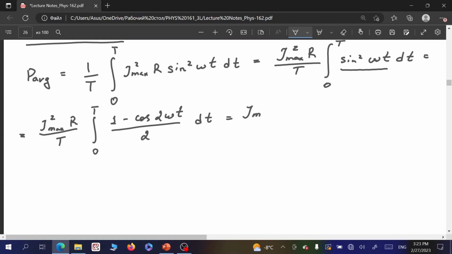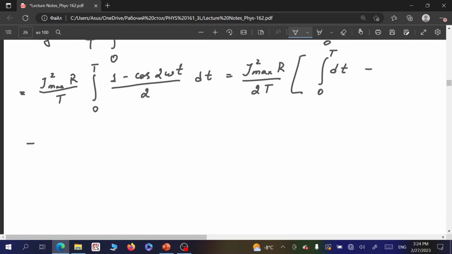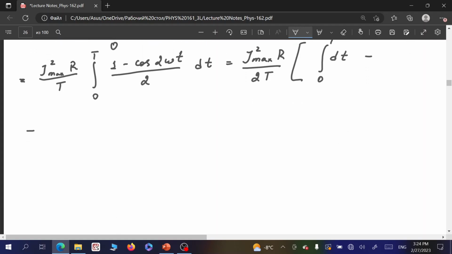So it will be I maximum second power times R divided by 2T. And here we have integral from 0 to T dt minus integral from 0 to T cosine 2 omega t dt.